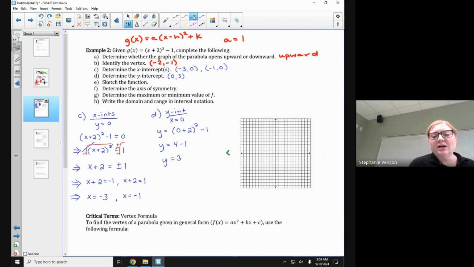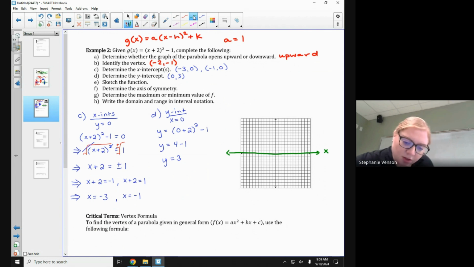It's up to you, but I'm going to highlight my x and y axes again. It's my x, and there's my y. So again, you're just plotting those points and drawing the prettiest parabola you can through them. So I've got negative 2, negative 1 as my vertex.